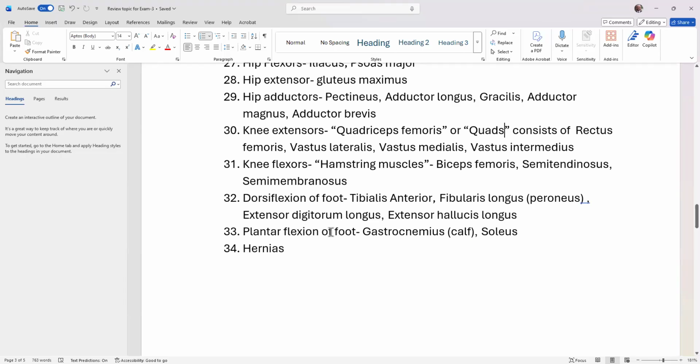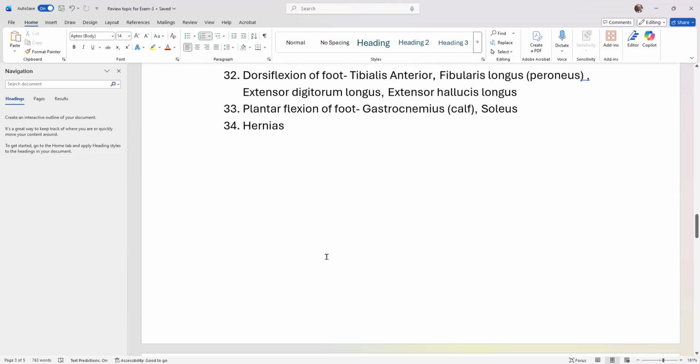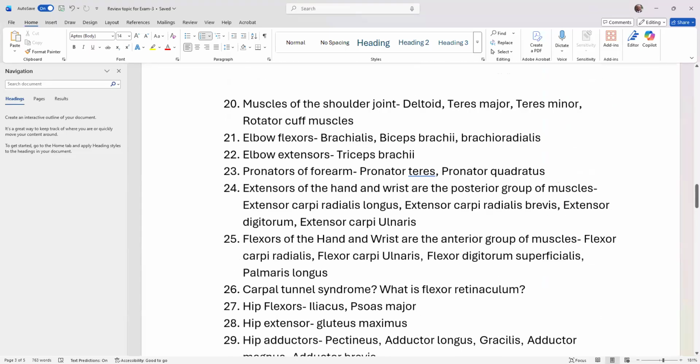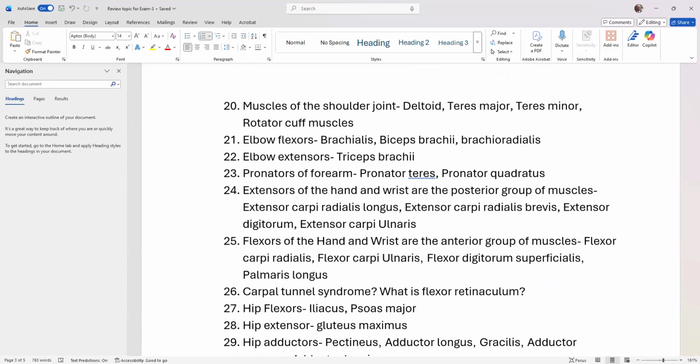And you should know the plantar flexion muscles, which are the gastrocnemius, or otherwise known as the calf muscle, and the soleus. And you must know what is hernia, because that's a common problem. And that's it. That's all you need to know in chapter 10. Okay.